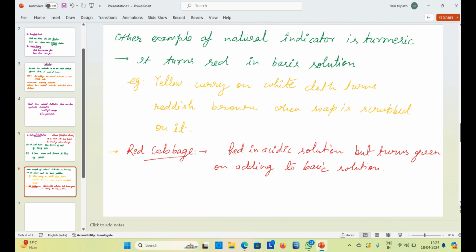So your turmeric will become reddish brown in basic solution, whereas the red cabbage will become red in the acidic solution but will turn into green color when you expose it to the basic solution.